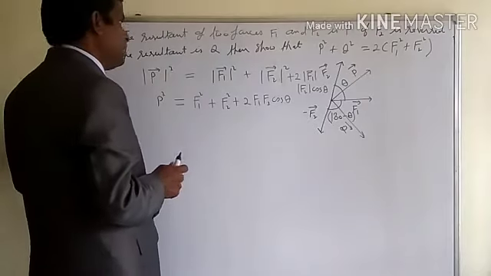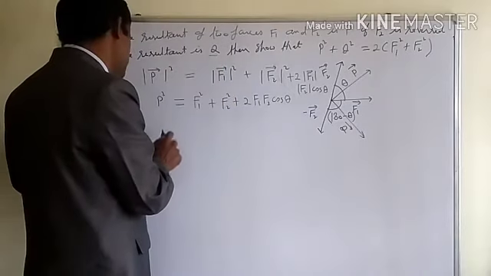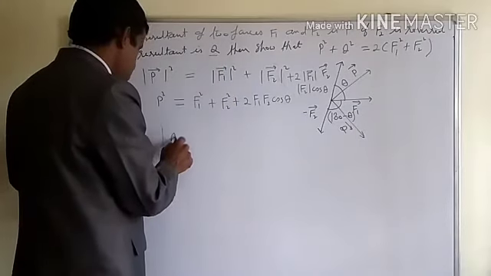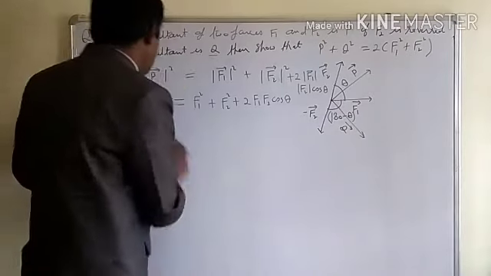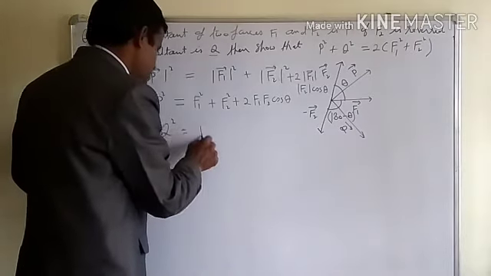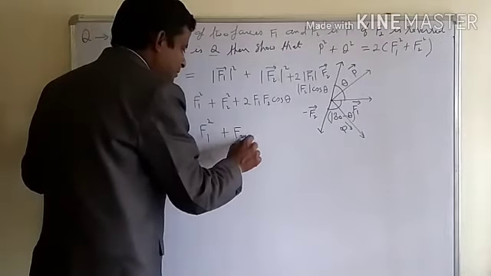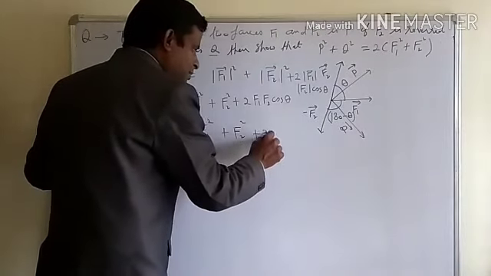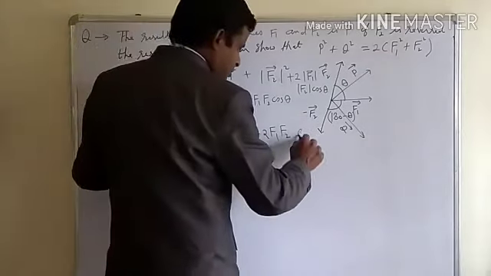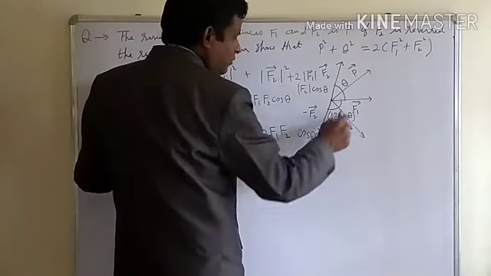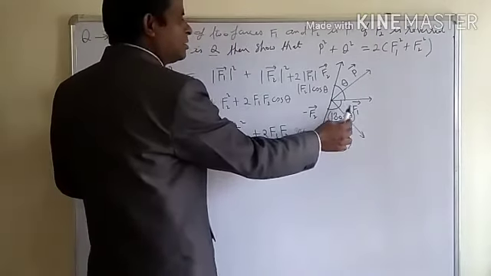When we reverse this F2, the magnitude becomes Q. So similarly, we may directly write Q square is equal to F1 square plus F2 square plus 2 F1 F2 cos of 180 minus theta over here, not theta. Why? Because the angle is 180 minus theta in this case.